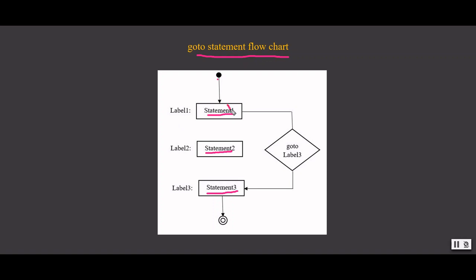First the statement 1 gets executed and then it goes to this goto statement, and once goto label 3 is encountered, it goes to the line where label 3 is present and the associated statement, that is statement 3, gets executed and the statement 2 is not executed.